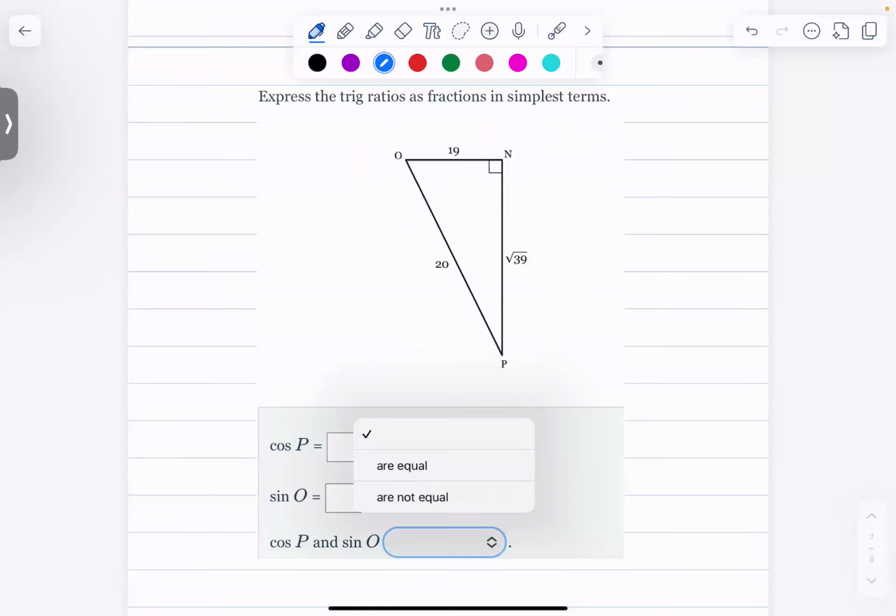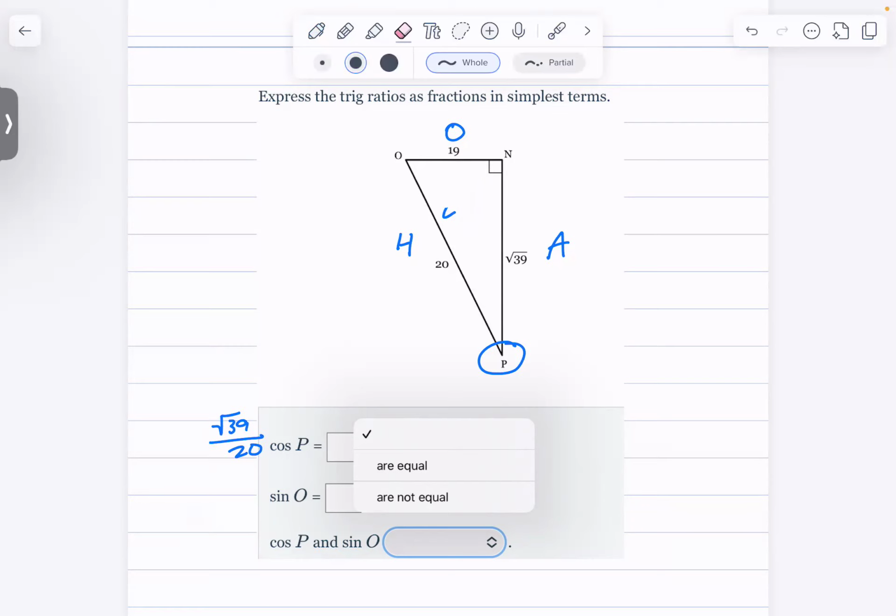Cosine of P. So angle P is right here. Opposite the 90-degree angle is your hypotenuse. Opposite this angle is your opposite side. Next to it is your adjacent side. Cosine of P. Cosine is CAH again, so it's square root of 39 over 20, adjacent over hypotenuse. Sine of O. Let's say you didn't know.